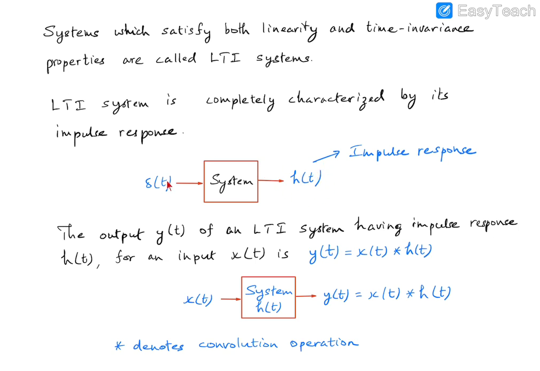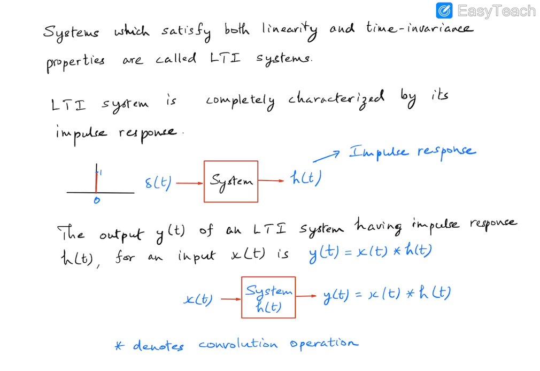And the impulse response is nothing but the response produced by the system when the input is an impulse function. Again, what is an impulse function? This is something that we have seen earlier. An impulse function has a value at time t equal to 0 with a height of 1.